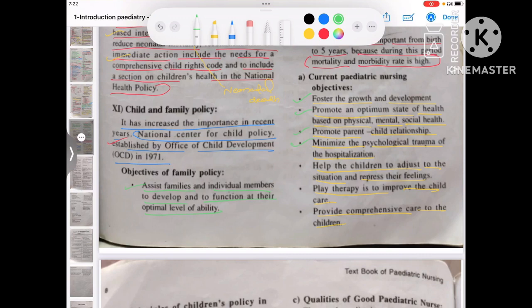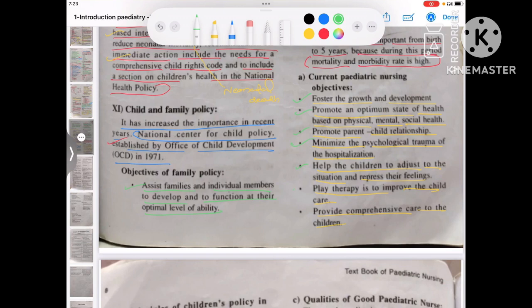Make the baby happy by giving a lot of play and games, and make the baby feel comfortable. Help the children adjust to the situation and express their feelings. We need to give them more toys and make them comfortable.